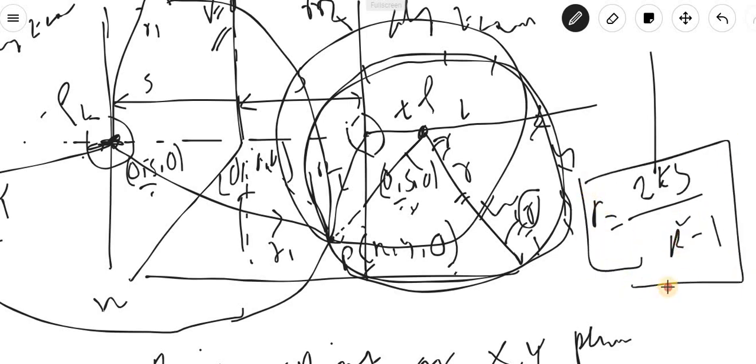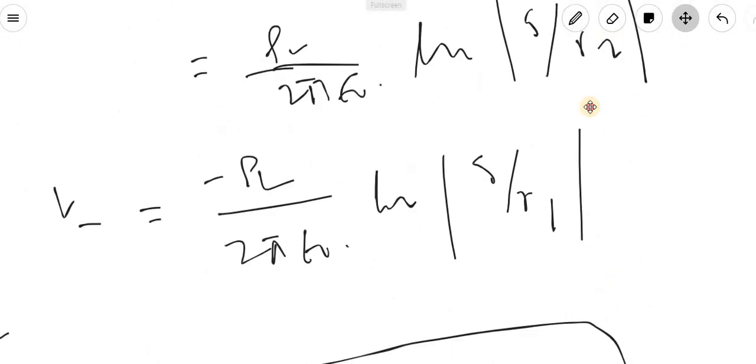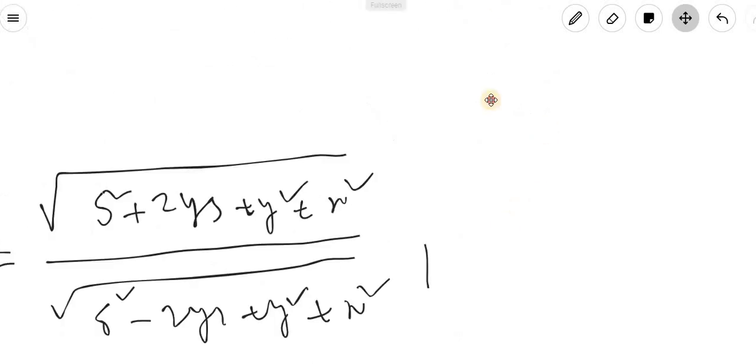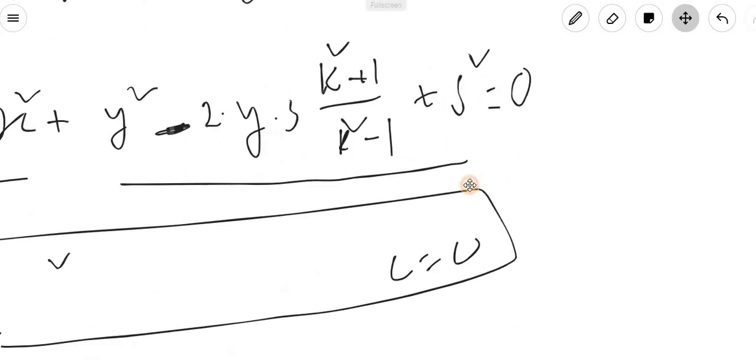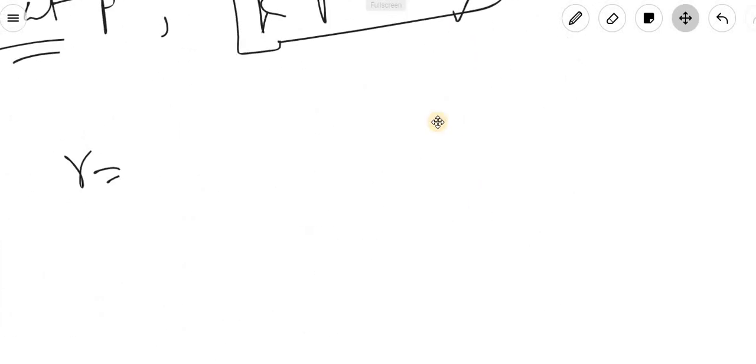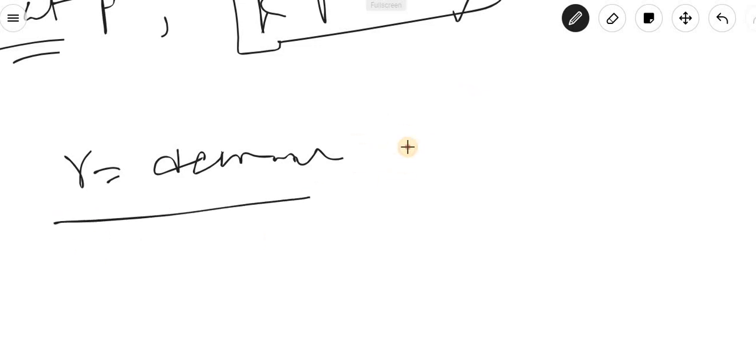Okay. So if R decreases, that means R tending to 0.